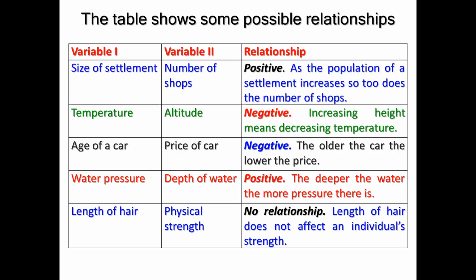Next could be water pressure and depth of water. Its relationship is positive. The deeper the water, the more the pressure there is. And the last one, where no relationship exists, between length of hair and physical strength. The length of hair does not affect an individual's strength.